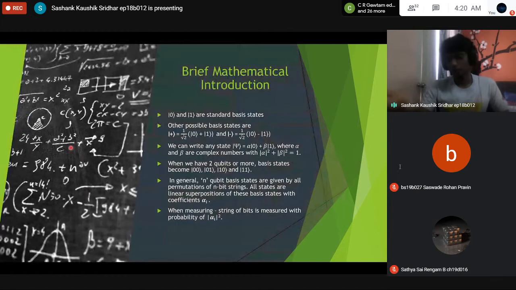So I promised that I wouldn't give you too much mathematics. These are the standard basis states, but we can also have other states like plus and minus, as shown. They're also linear superpositions, and you can express states as linear combinations of the plus and the minus states.